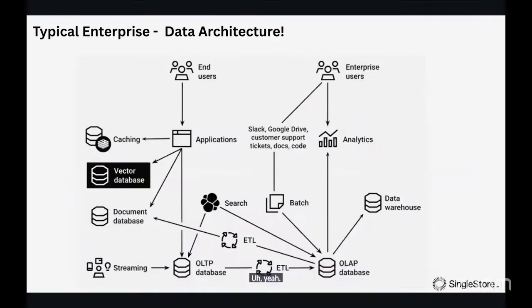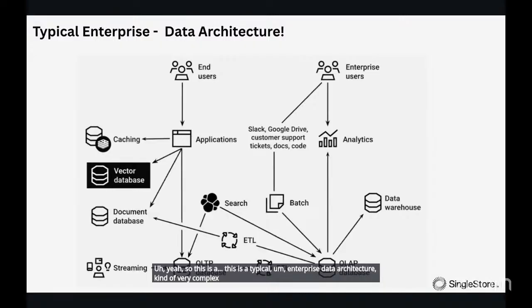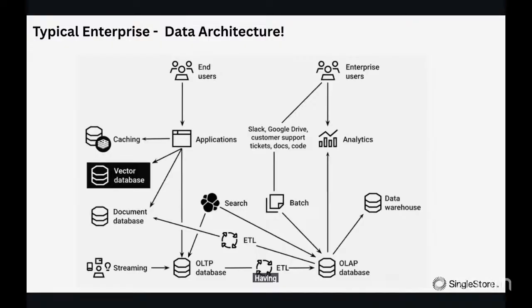So this is a typical enterprise data architecture, very complex. In a company, we might see this pattern. Your customers might be running a lot of analytical workloads, and you feel like having an OLAP database.